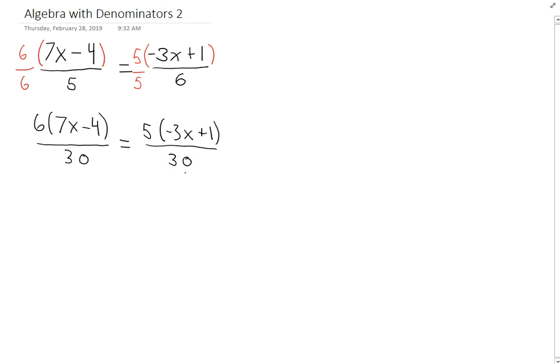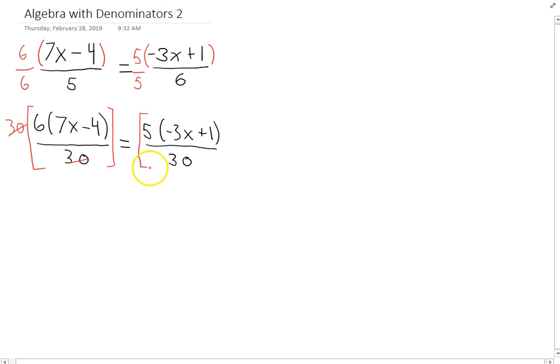Now the nice thing about finding a common denominator is that I'm going to multiply both sides of my equation, the left-hand side and the right-hand side, by 30, and it'll kill the denominators. So I'm going to multiply this side by 30, and that will cancel with this.